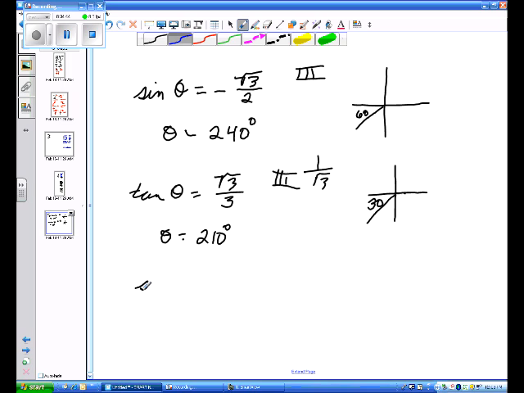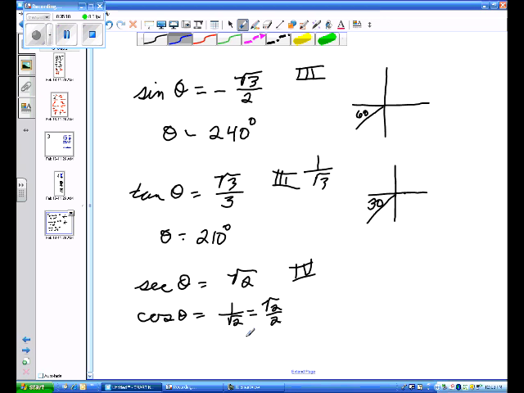Okay, if we want to know the secant of what angle is square root of 2, and we're in the fourth quadrant. Well, we think reciprocal. The reciprocal of secant is cosine. The reciprocal of this is 1 over the square root of 2, or square root of 2 over 2. So we think, what angle has a cosine of square root of 2 over 2?